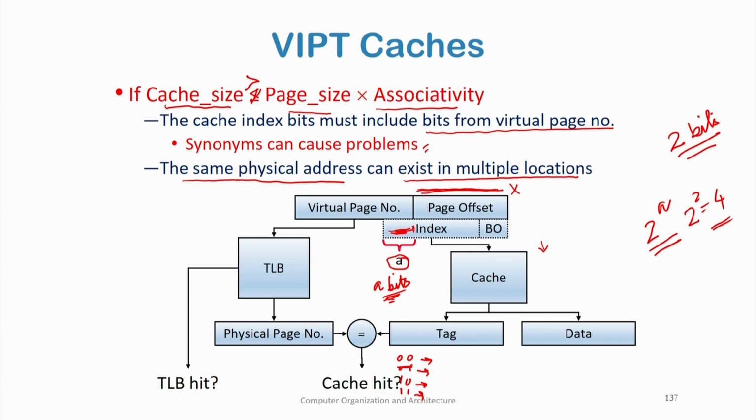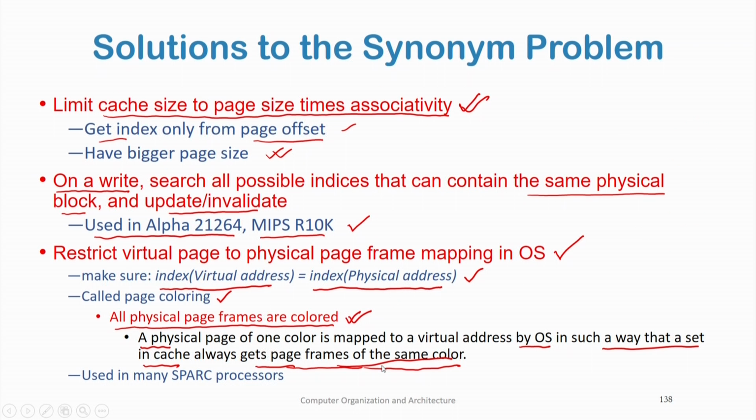Let us say 00 is red. I will only allow pages of color 00 to be mapped to this virtual address. By this, I will be able to ensure that the physical addresses corresponding to this virtual address will always be mapped to the same set. Okay. This is the concept of page coloring.